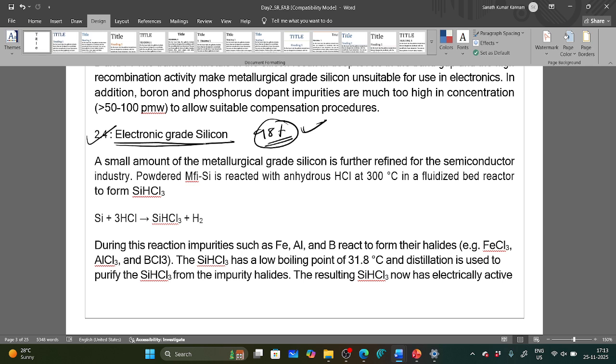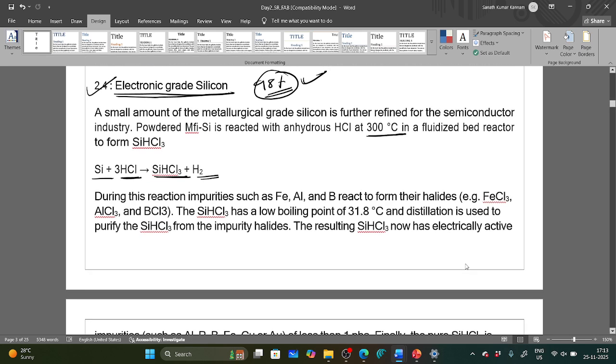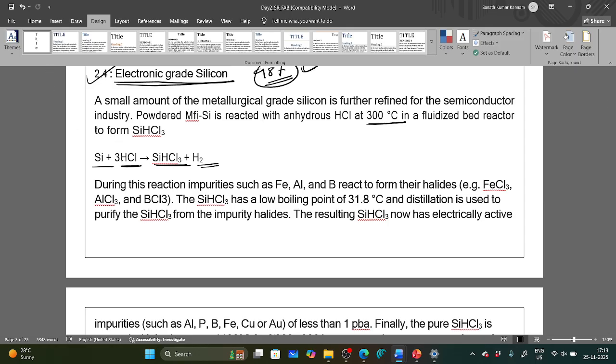In the electronic graded silicon step, we take the powdered metallurgical graded silicon and react it with hydrochloric acid at 300 degrees Celsius in fluidized bed reactors to form silicon hydrogen chloride plus hydrogen.